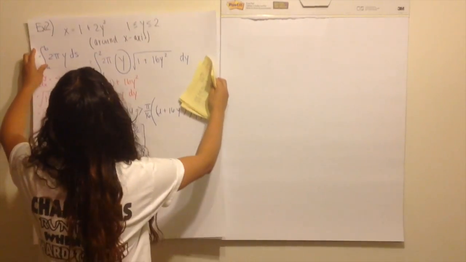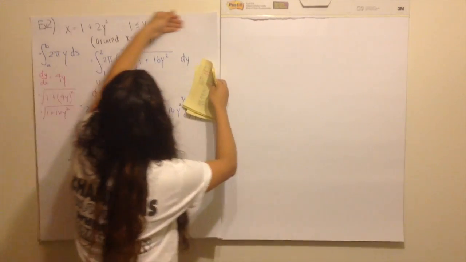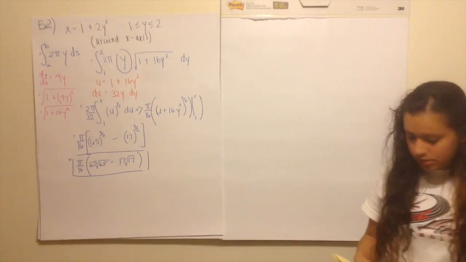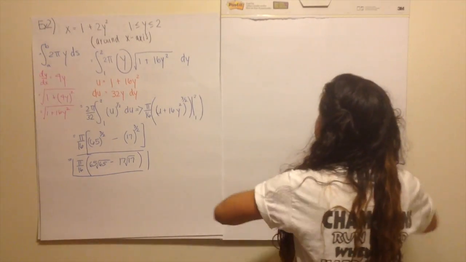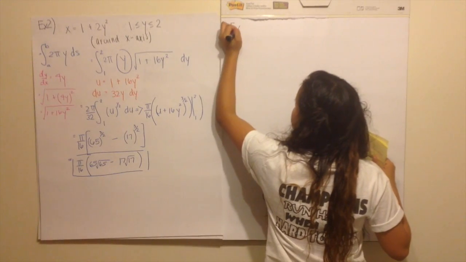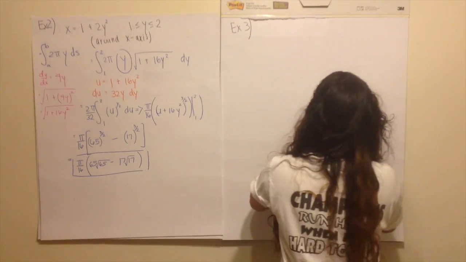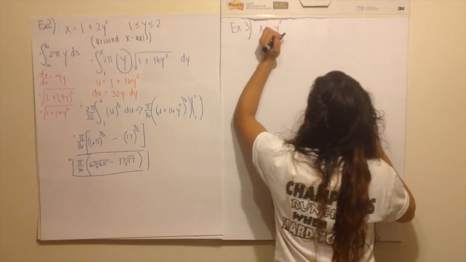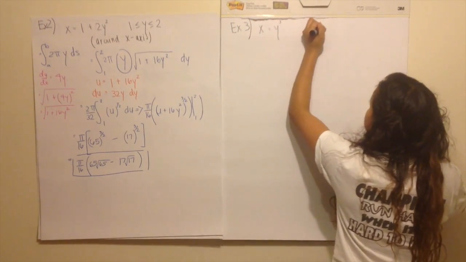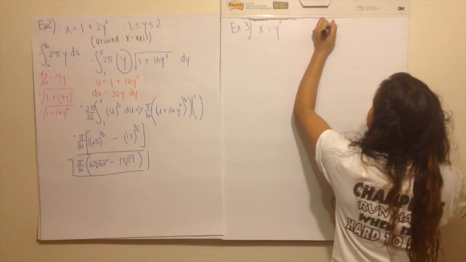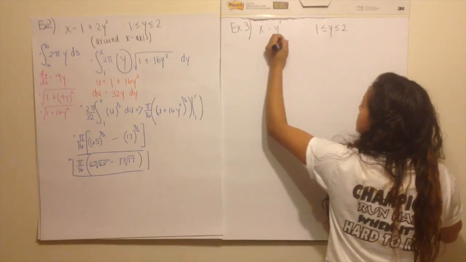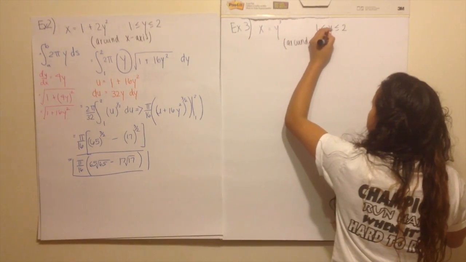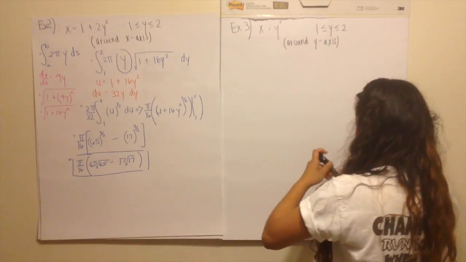Now let's go into having it revolve around the y-axis. So example number 3. Our function is x equals y to the third. The interval is from 1 to 2, and this is around the y-axis.